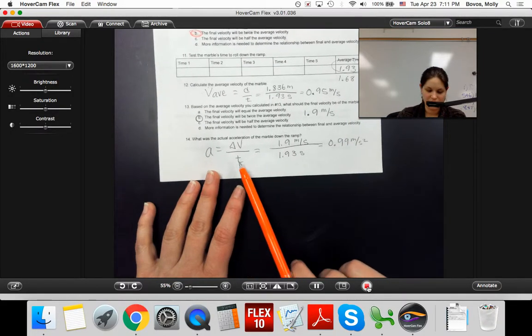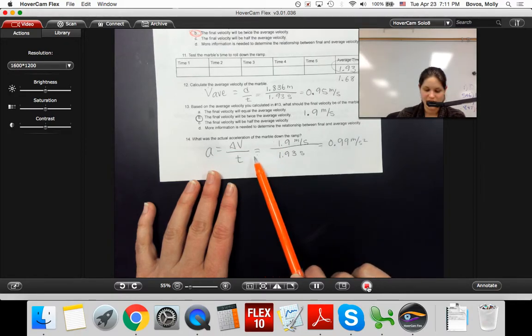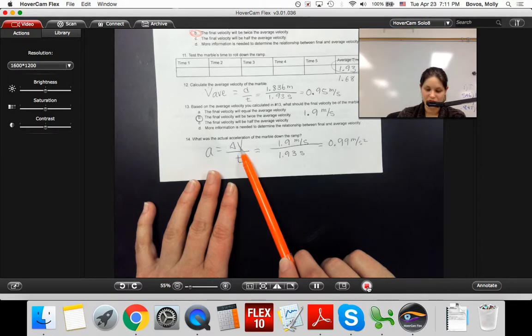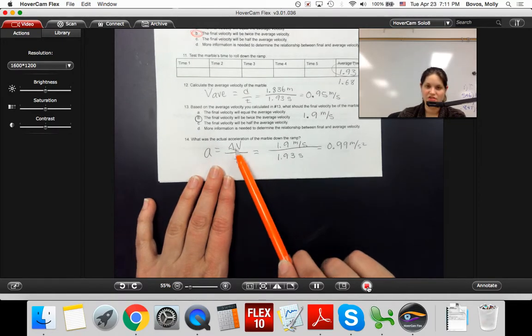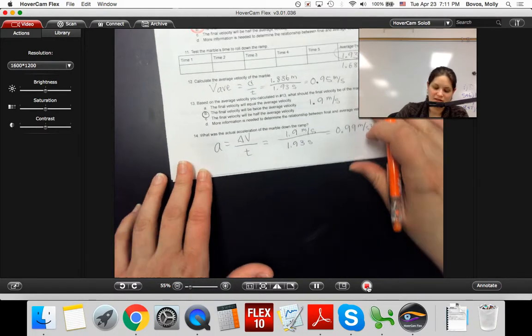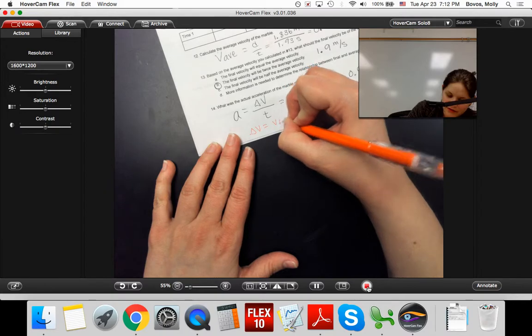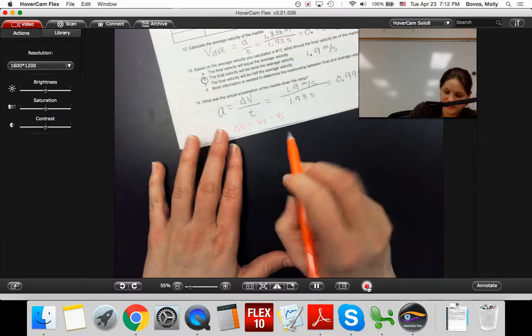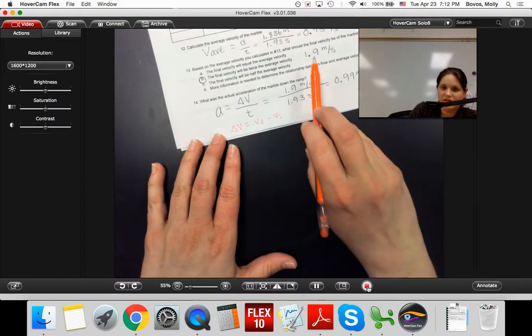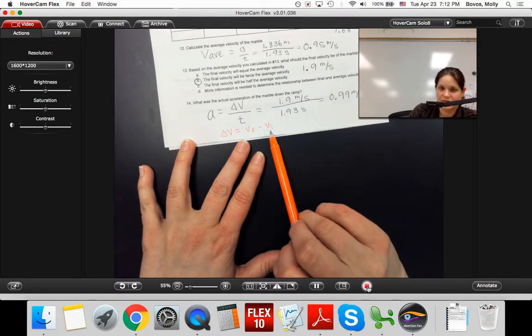And then if we figure out what the actual acceleration of the marble is, what we should be able to do is figure out our change in velocity over time. So our change in velocity, delta V, that would be our final velocity minus our initial velocity. And so if our final velocity is 1.9 and we're starting the marble from rest, that would be 0.